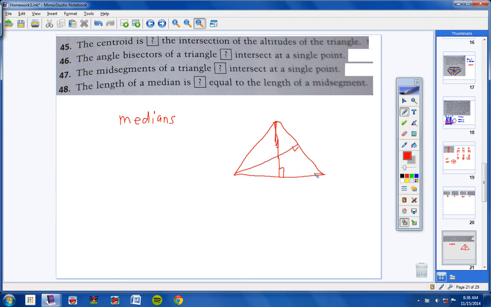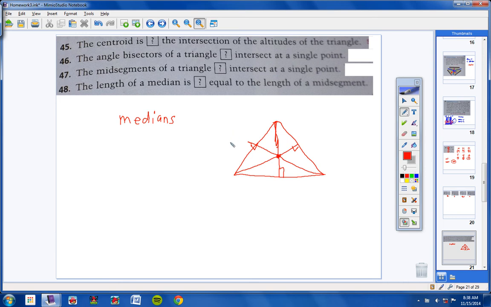The altitudes would also be the medians. So in that case, because the altitudes are also the medians, this point here would be the centroid. So yes, it sometimes can happen. Yes, when your medians are the exact same thing as your altitudes. I hope that makes sense, guys.